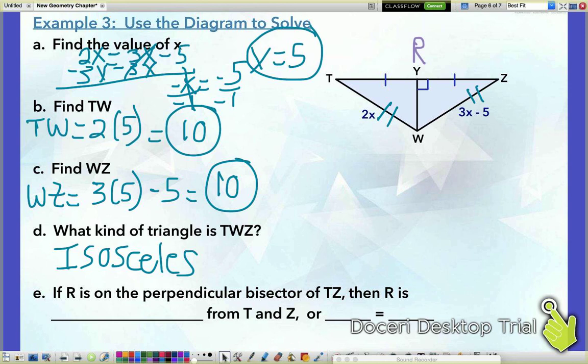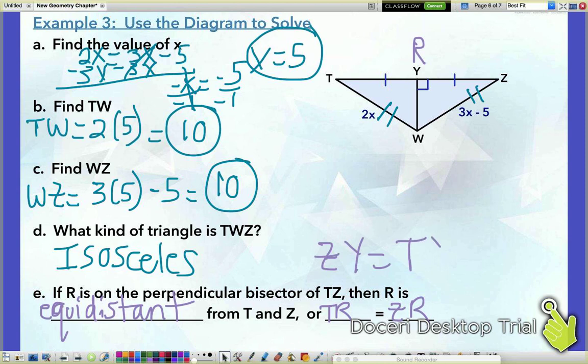Okay, it's equidistant, just like Y is up there. Okay, or what would that mean? That would mean TR would be equal to ZR, just like ZY is equal to TY.